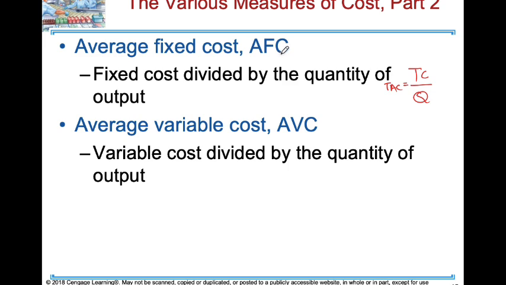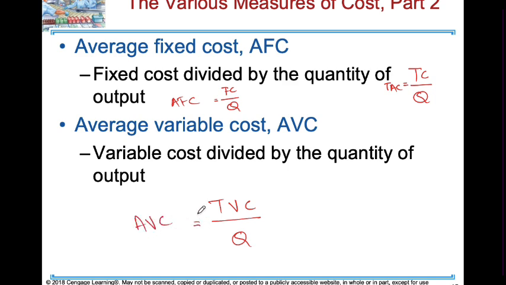Fixed cost, on the other hand, is about total fixed cost divided by how much is being produced. And this basically will give you average fixed cost. Variable cost, on the other hand, is related with total variable cost being divided by what is being produced. And this gives you average variable cost.